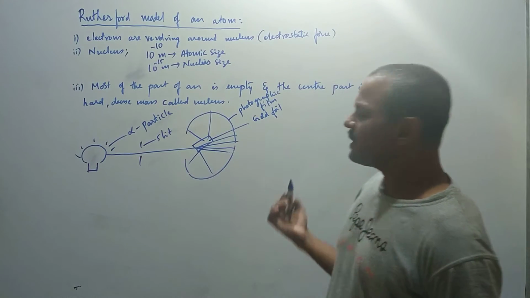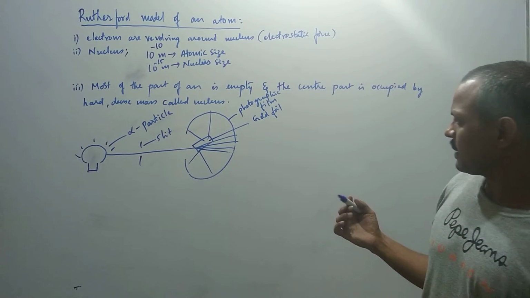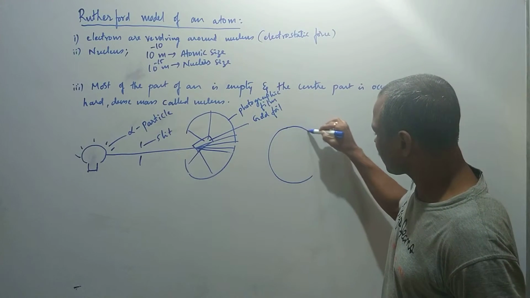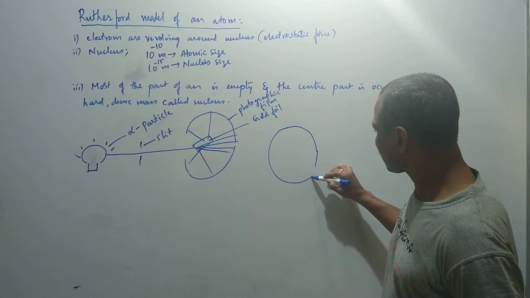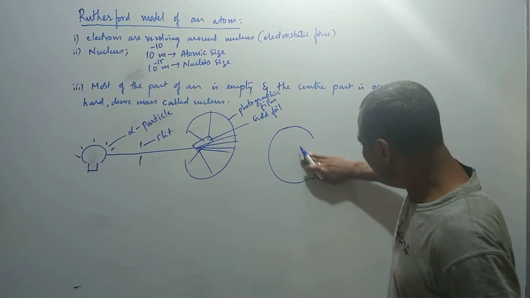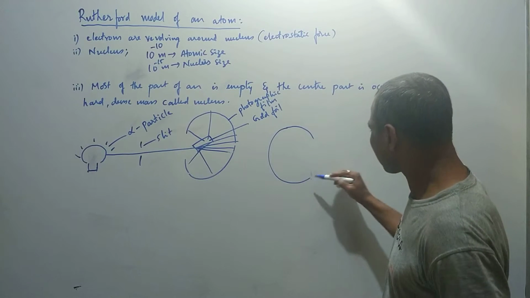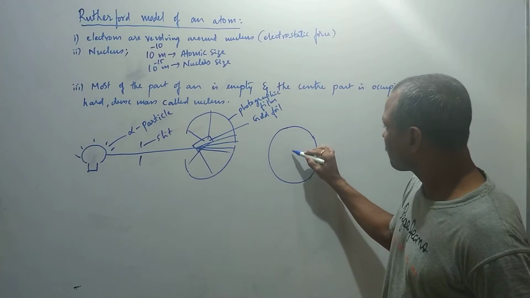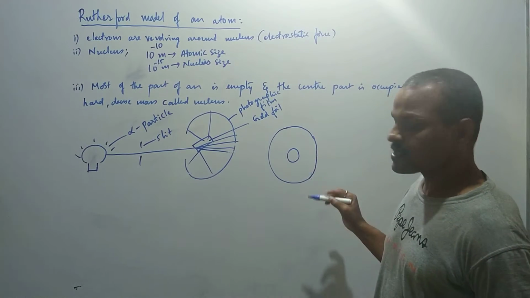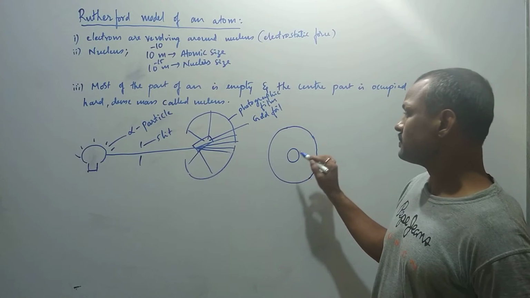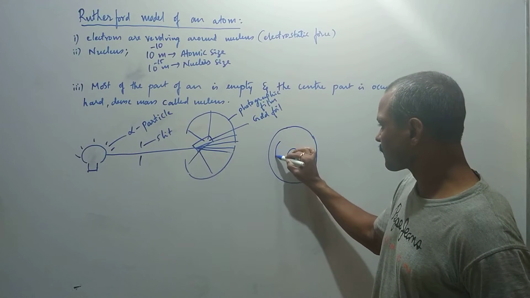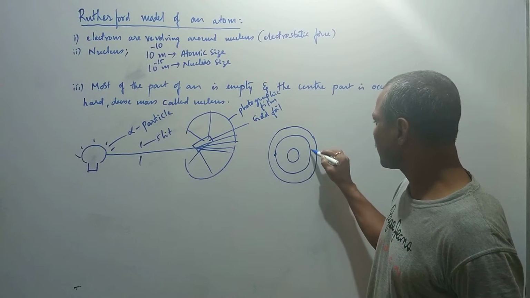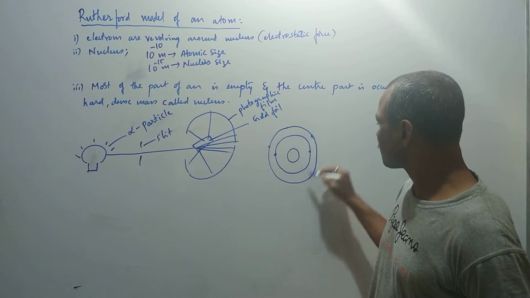Then the conclusion he made: for example, if it is an atom, here there is a center, the nucleus, and around in a particular orbit electrons are here and there.